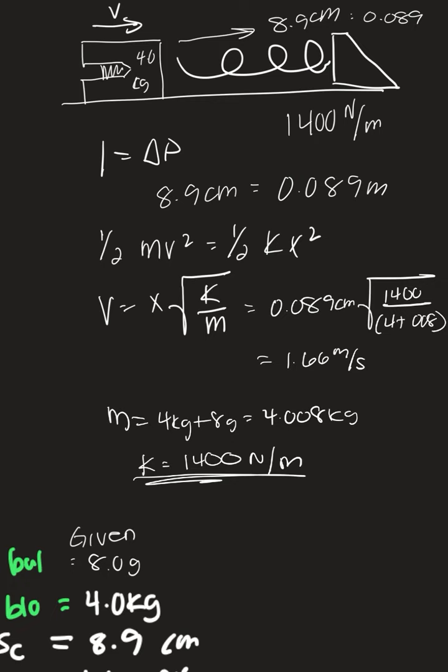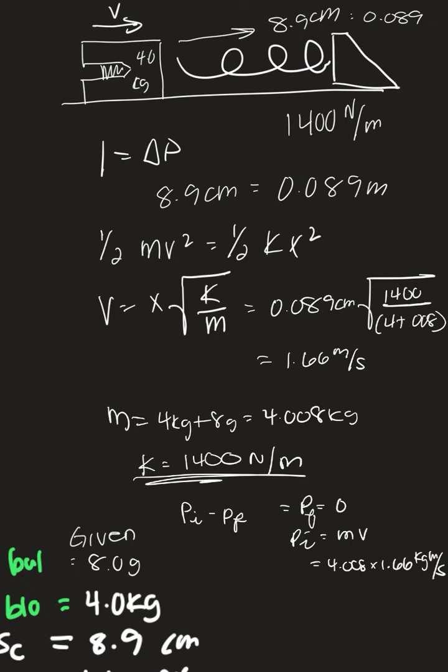Then, by applying the momentum impulse theorem, impulse implies change in momentum. So Pi minus Pf, we know Pf equals 0, Pi equals mv, which is 4.008 times 1.66 kg meters per second.